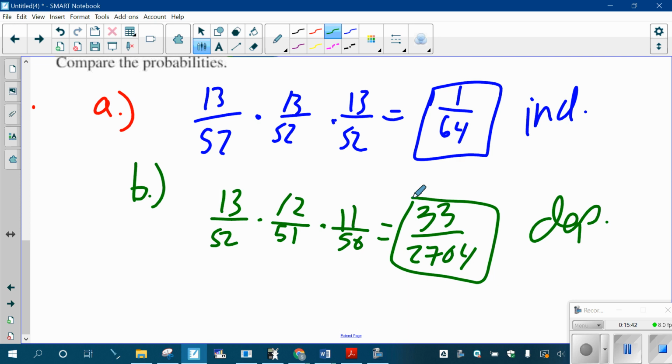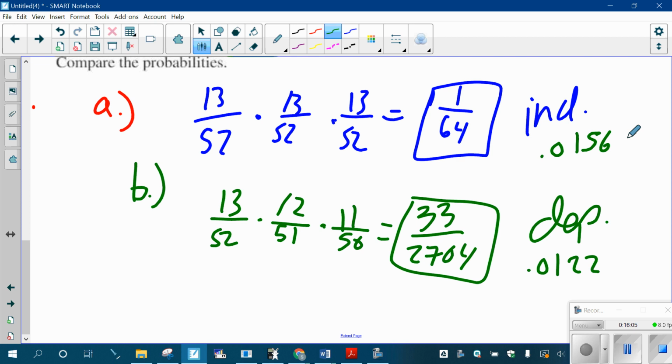If we actually want to compare these probabilities, it probably helps to get the decimals. And I got 0.0122 for this one, and I got 0.0156 for this one.